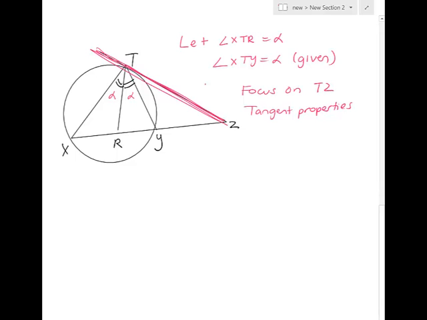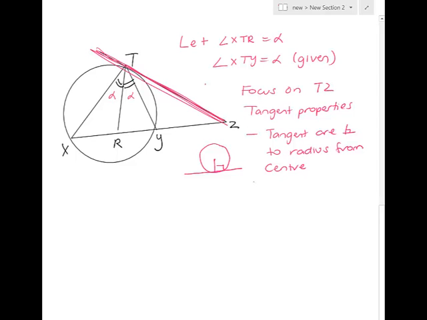One main property is that tangents are perpendicular to the radius from the center. That is, if you have a radius drawn from the center, it meets the tangent at right angles.